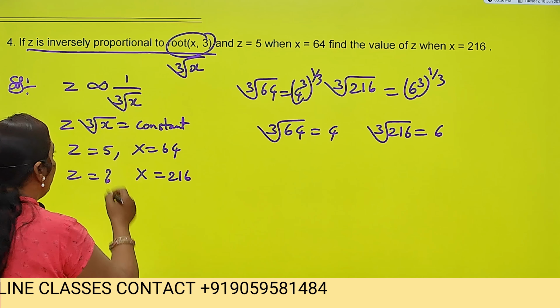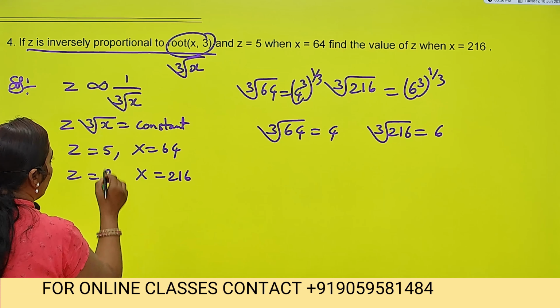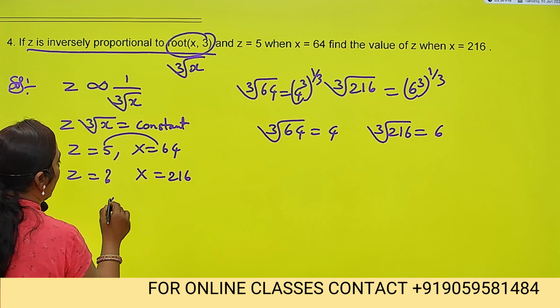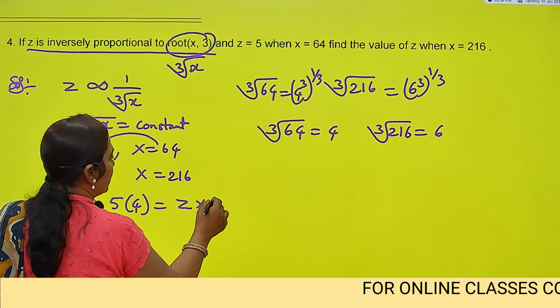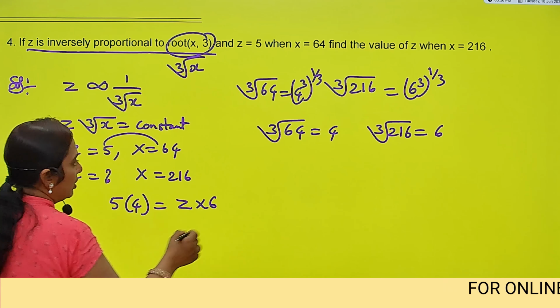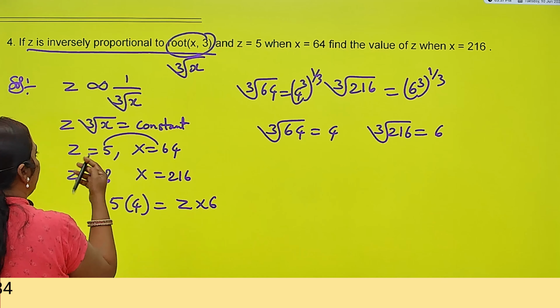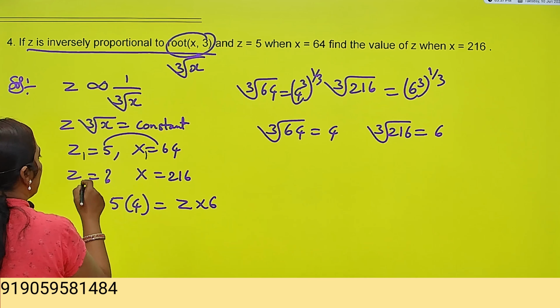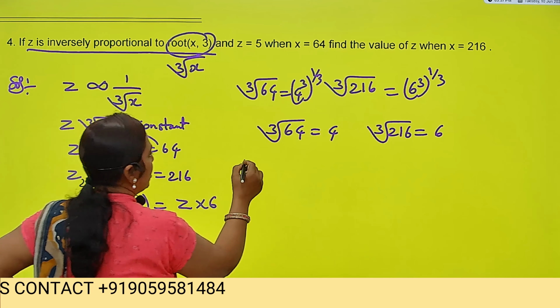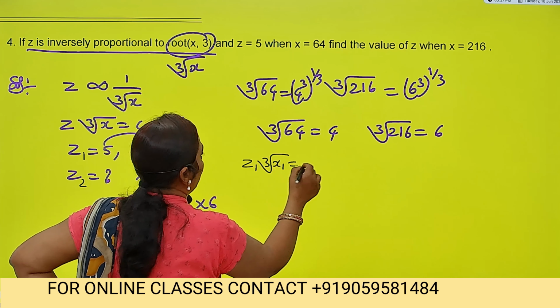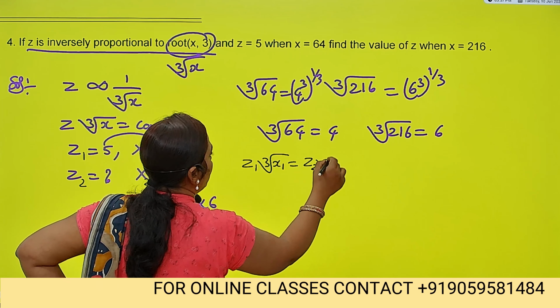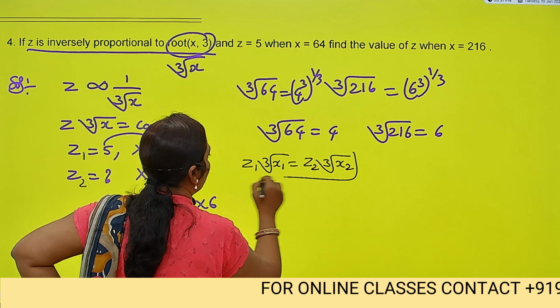Now we take the relation here. 5 into 4 equals z into 6. Or if taking z1 and x1, z2, x2, the relation is z1 times cube root of x1 equals z2 times cube root of x2.